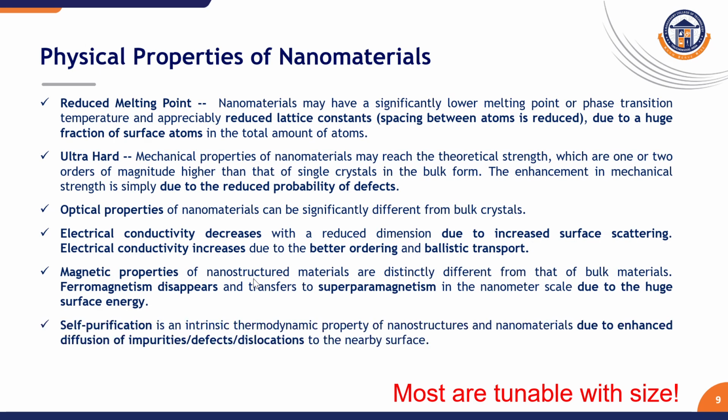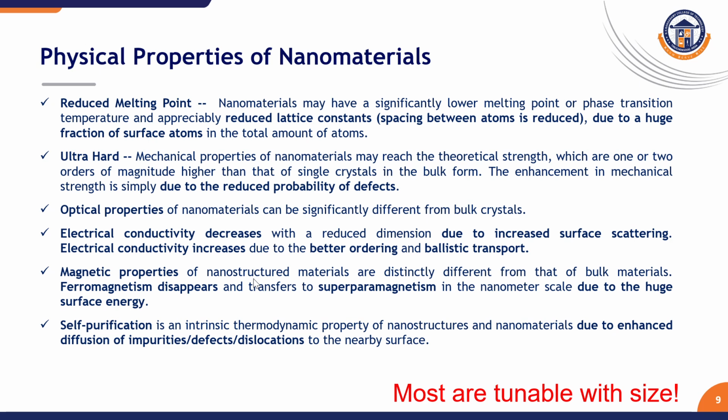Nanomaterials display special physical properties. They have a reduced melting point due to more surface atoms. Ultra hardness, with mechanical strength approaching theoretical limits. Optical properties very different from bulk. Electrical conductivity may decrease due to surface scattering, but can also increase due to ballistic transport.